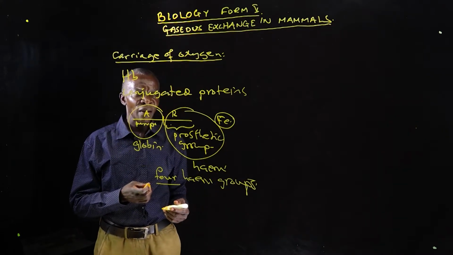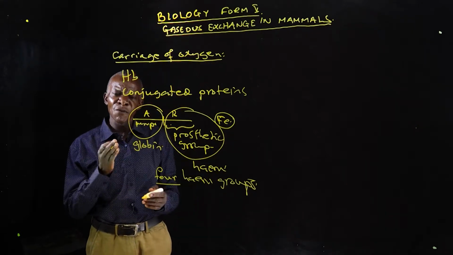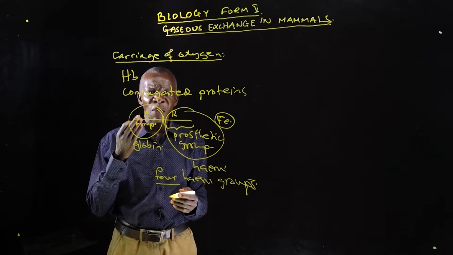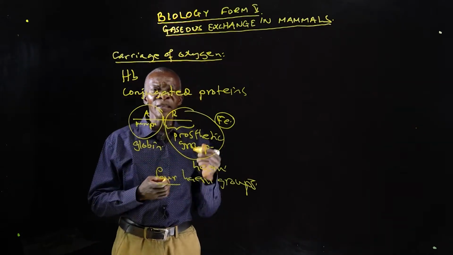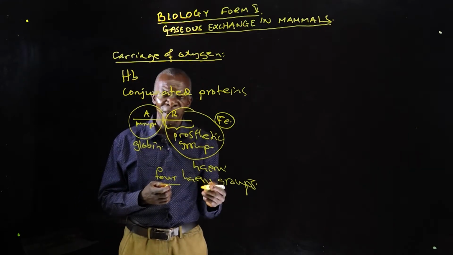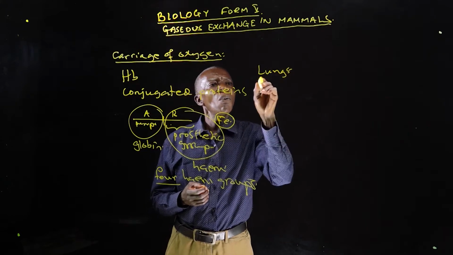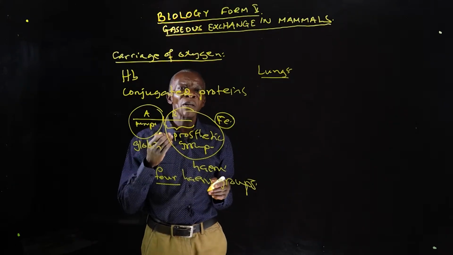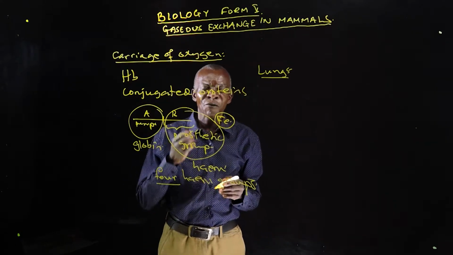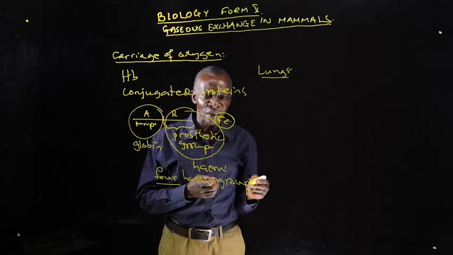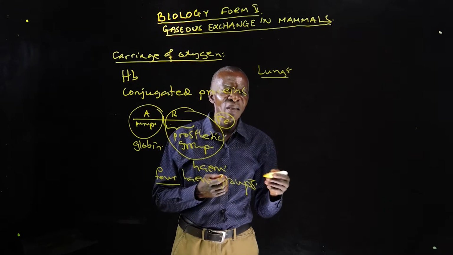Now, how is this hemoglobin involved in transporting oxygen? We did say that in areas where the tension of oxygen is high, for example in the lungs, where the partial pressure of oxygen is high, hemoglobin physically combines with oxygen. This iron atom physically combines with oxygen.